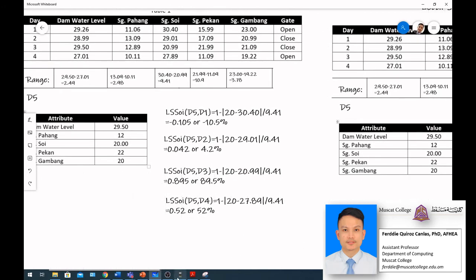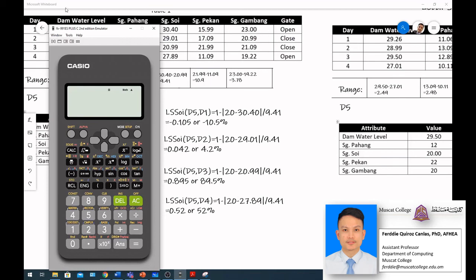Then the last one, D4. 1 minus close parenthesis shift absolute value of 20 minus 27.89, okay, divided by 9.41 close parenthesis equals 0.161, right? 1 minus 27.89 minus 9.41.